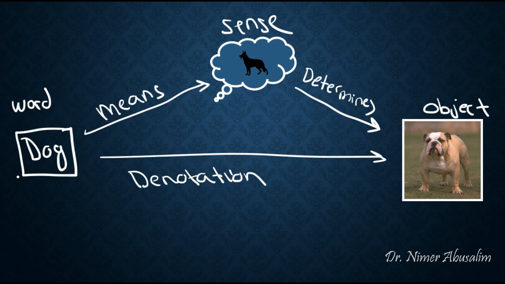In this case, the representational theory came about and found a solution, which was that dog actually means, instead of the object, the concept that we have in our minds, or what we call the sense. This sense is what determines which objects in the world are instances or examples of the category dog, and it is what will determine what denotational relationships can and can't exist.